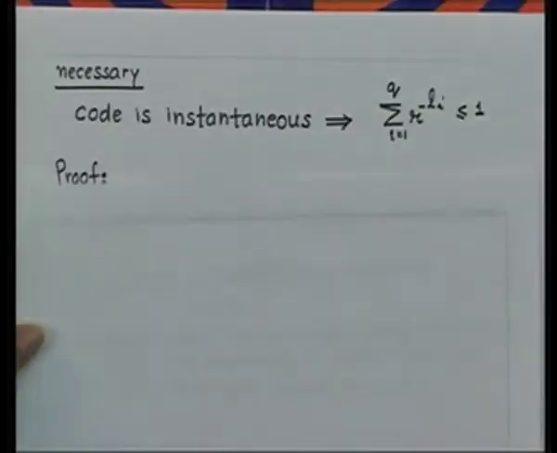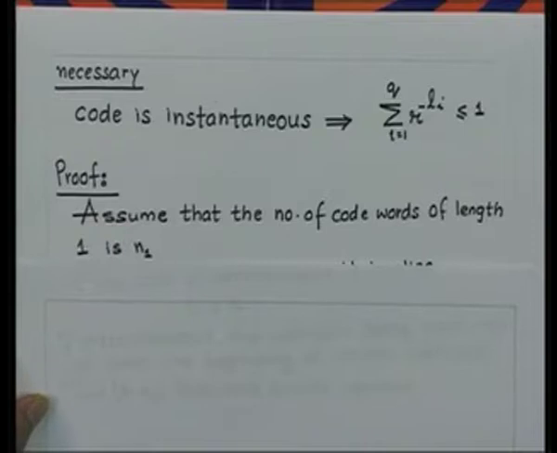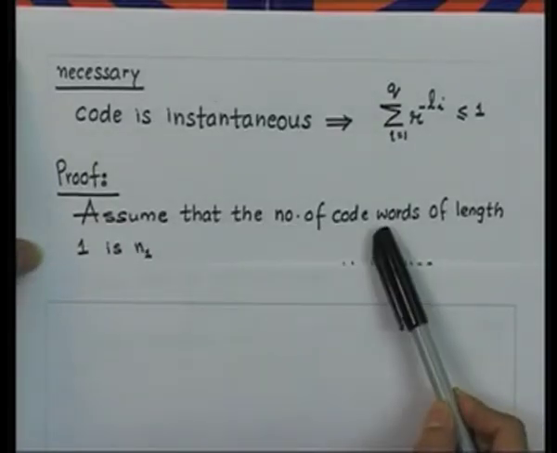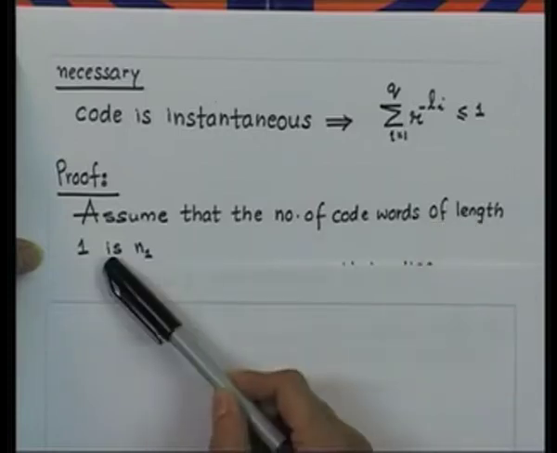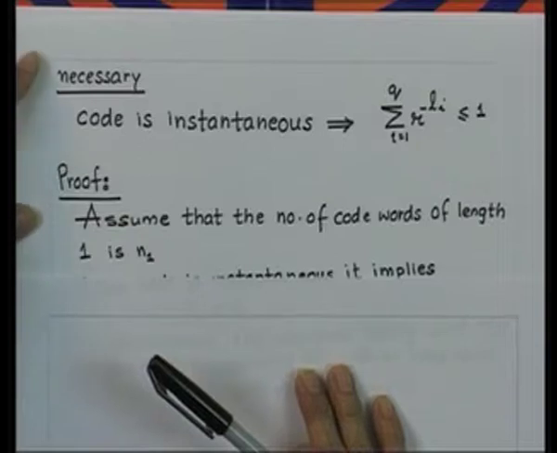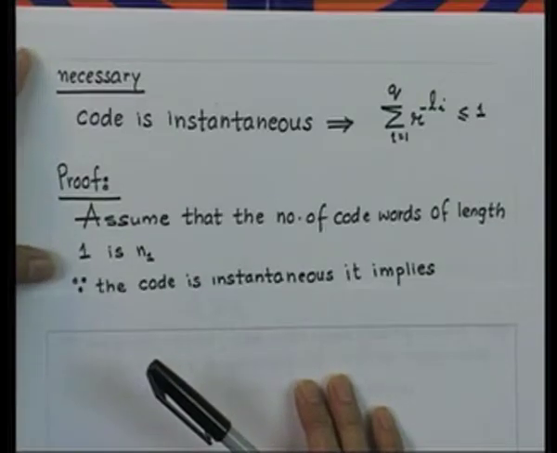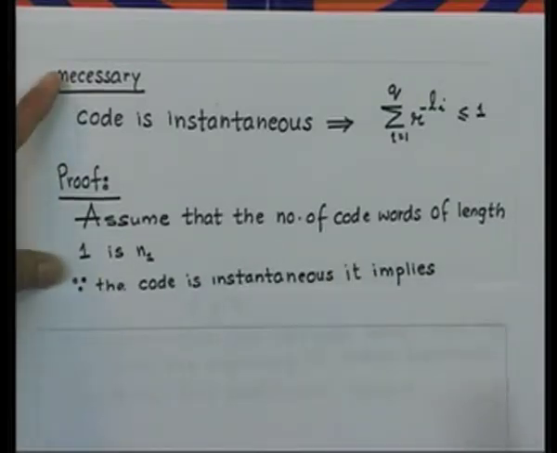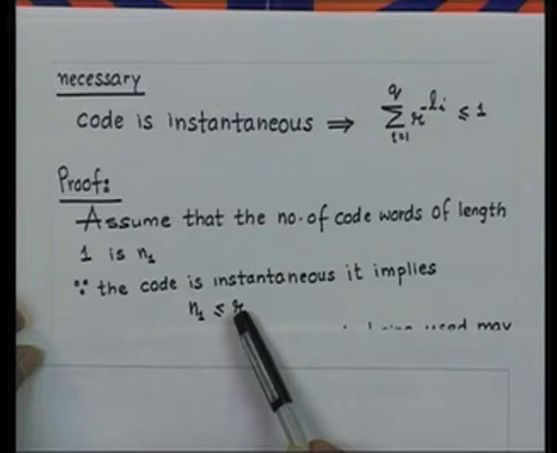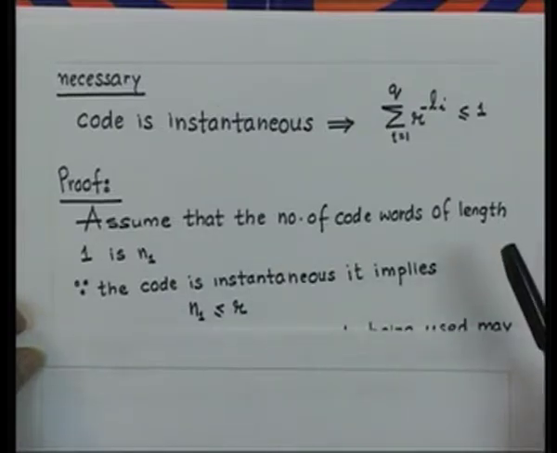So, the proof goes as follows. Let us assume that the number of code words of length 1 is n1. Because the code is instantaneous, it implies that n1 should be less than or equal to r, where r is the size of the code alphabet.